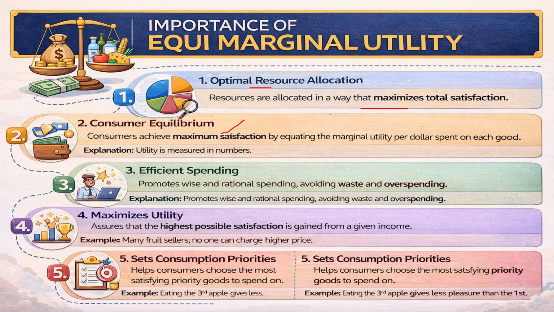The third is efficient spending, which promotes wise and rational spending and avoids waste and overspending. The next is maximizing utility, ensuring the highest possible satisfaction from a given income. The next is setting consumption priorities, where consumers choose the most satisfying goods to spend on.